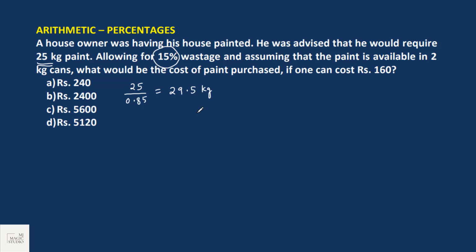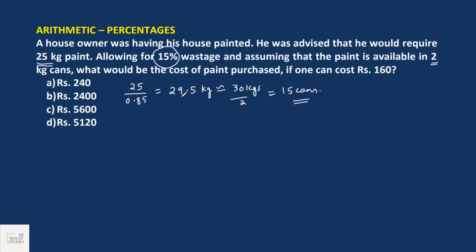So we require 29.5 kg and 85% of that would be 25 kgs. Now 1 can is of 2 kg. That means 29.5 kg if converted into whole number 30 kgs by 2, we need 15 of such cans.